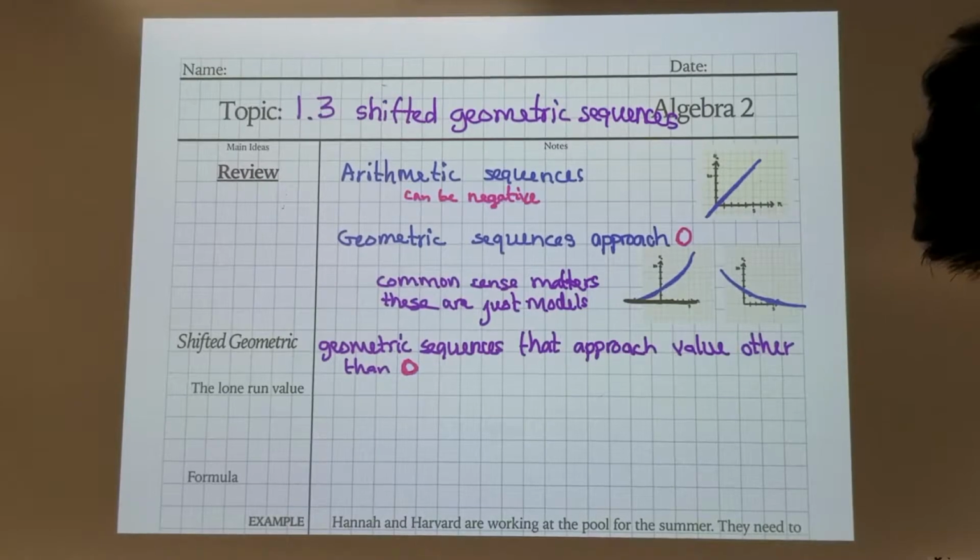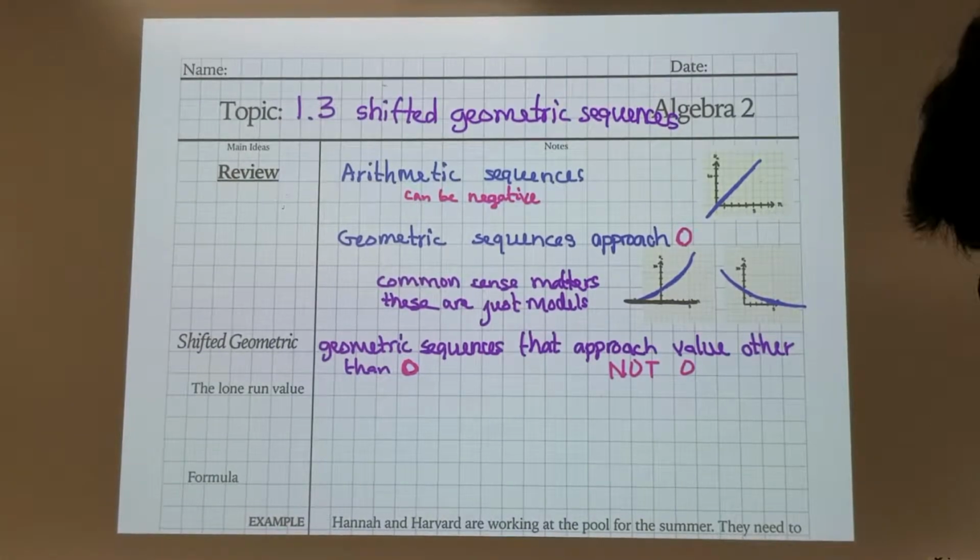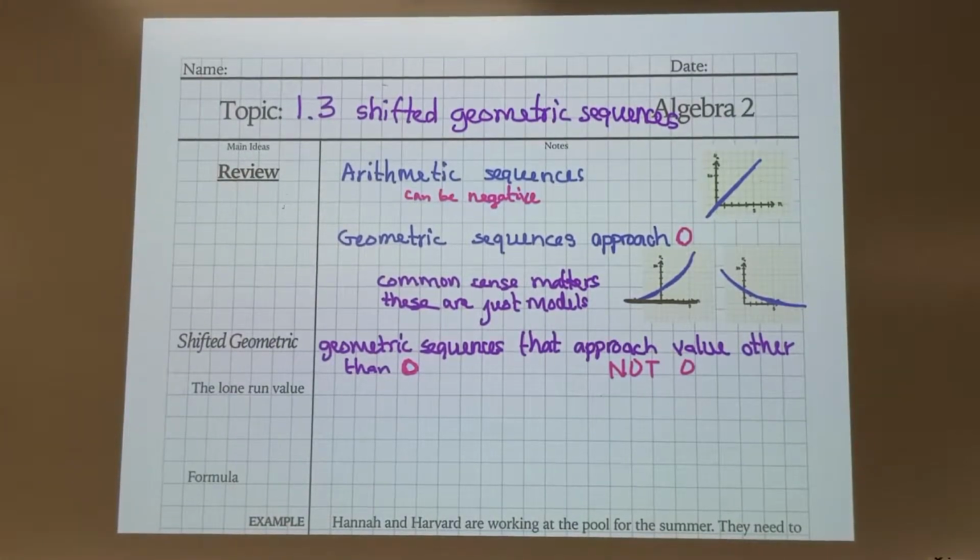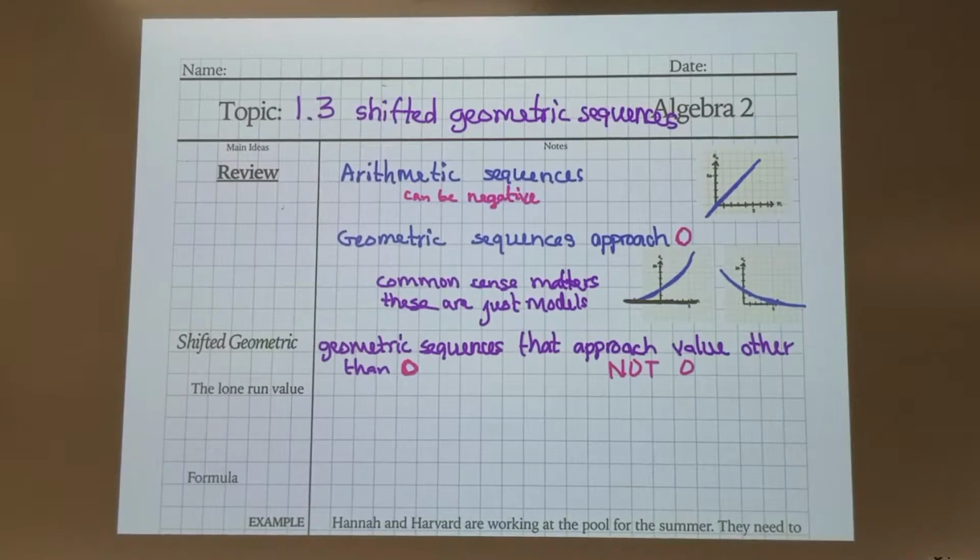So, not 0. The most important thing about shifted geometric is to realize that their graph is not approaching 0. In the long run, a geometric sequence will even out to 0. A shifted geometric sequence will not. It will even out, but to a different value. A value that's not 0.